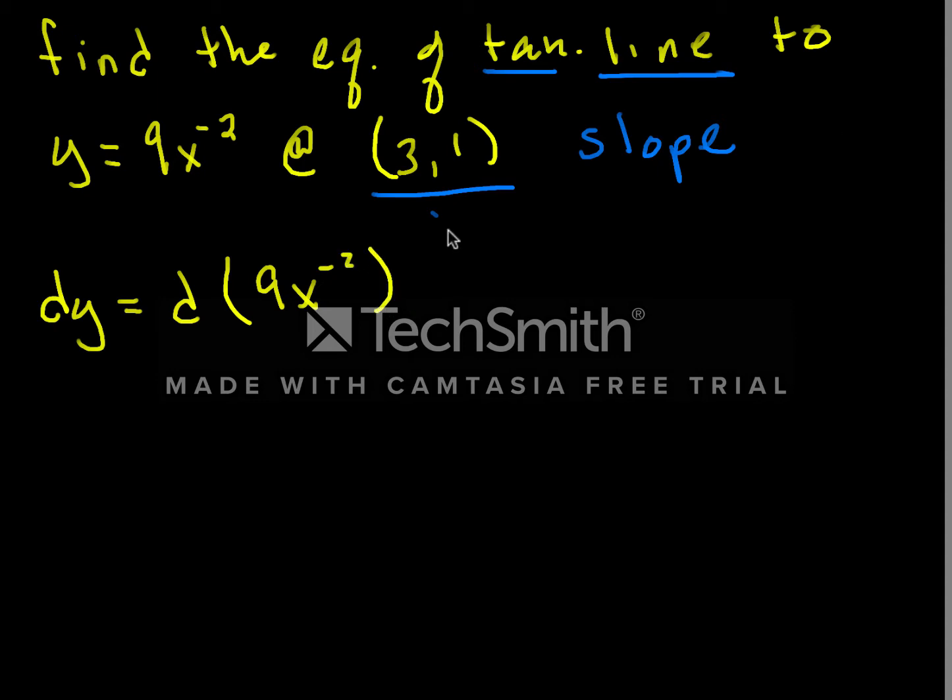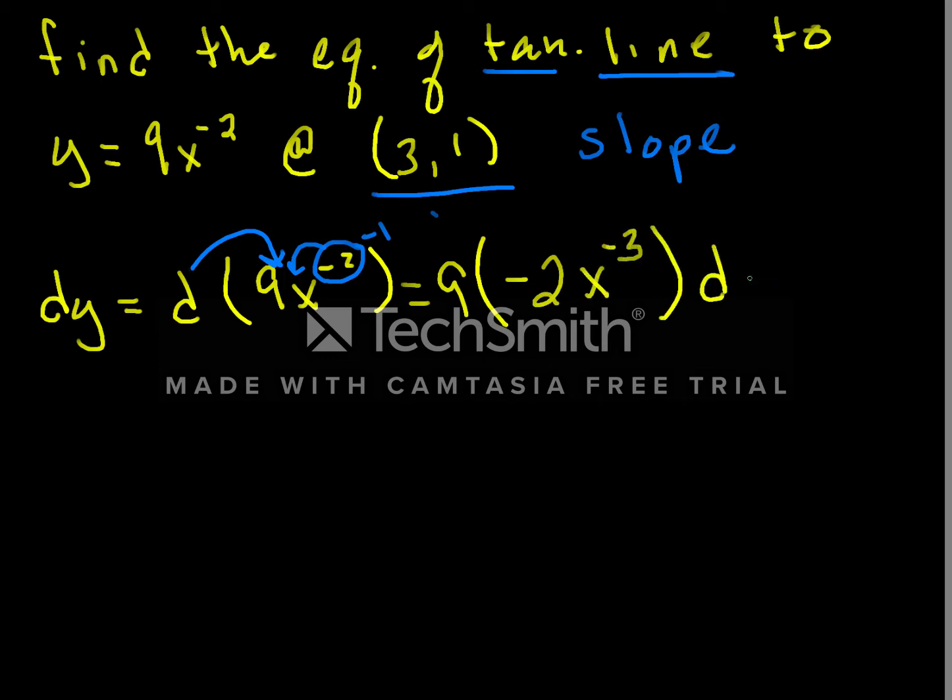The differential will slide past the 9, because that's the constant rule. Then we have a power rule, so this will come down, become my new coefficient, and I'll subtract 1. Following that rule, this is equal to 9 times the quantity negative 2 x to the minus 3 dx.